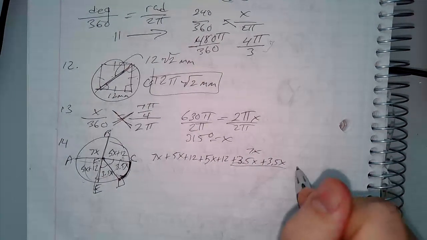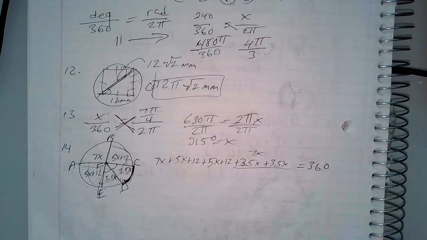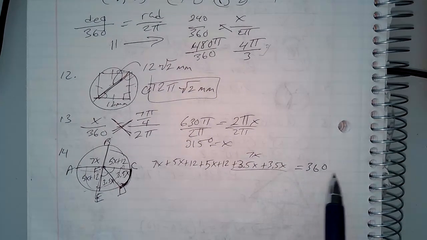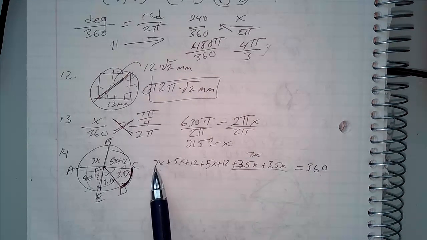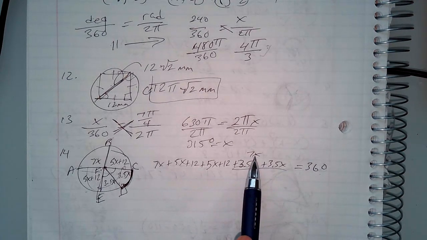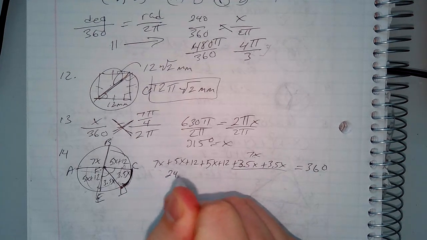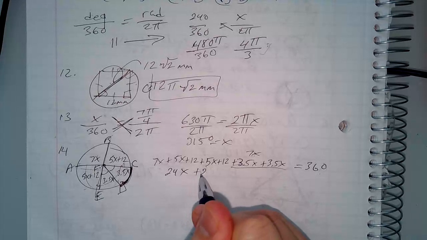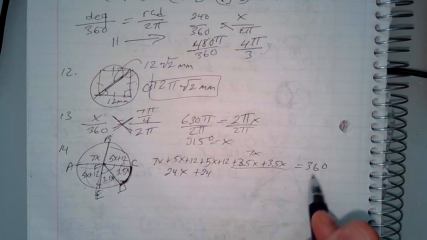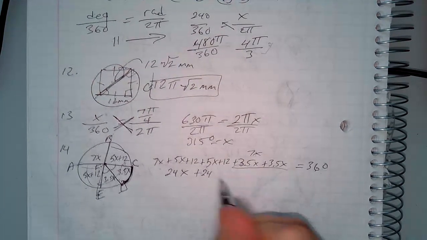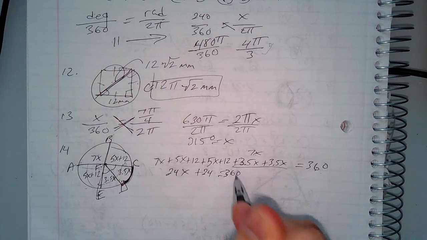Okay, so let's add all this up, and this should equal 360 degrees. So 7x plus 7x is 14, plus 10 more x is 24x. So 24x plus 24 is going to equal 360.